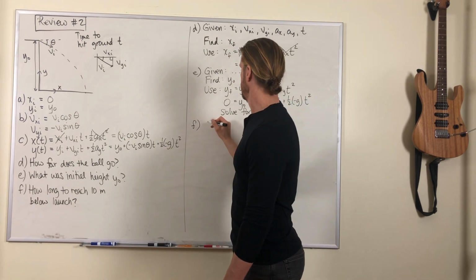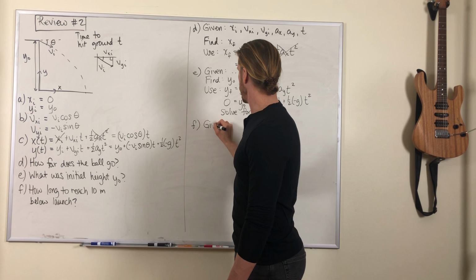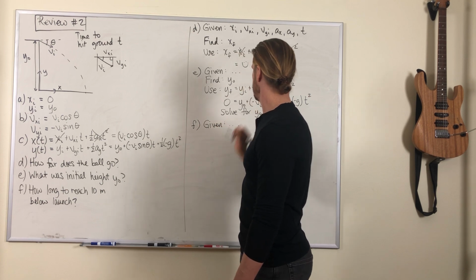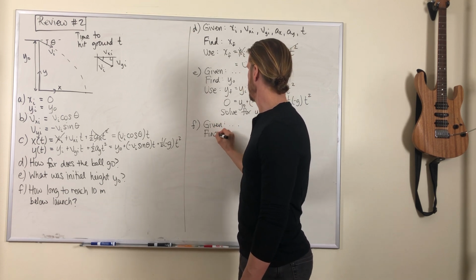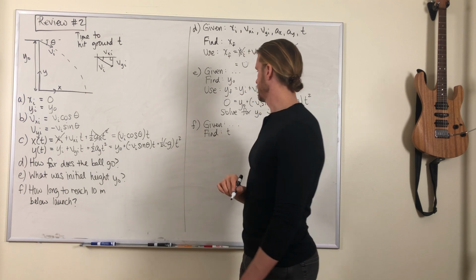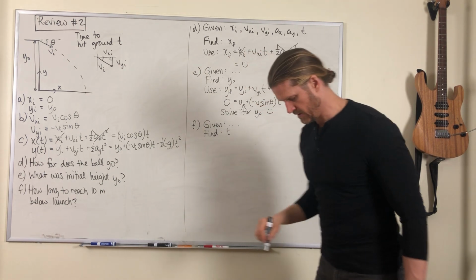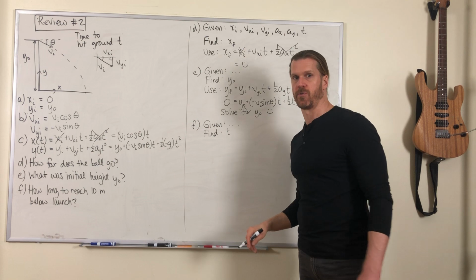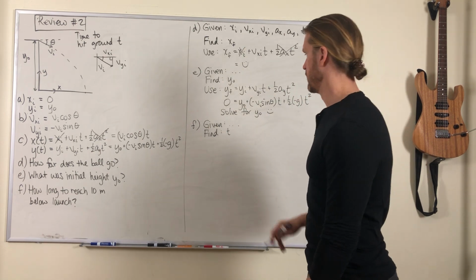So, again, we're given a bunch of stuff. We now want to find this new value of t for the scenario where the ball's 10 meters below its starting point.